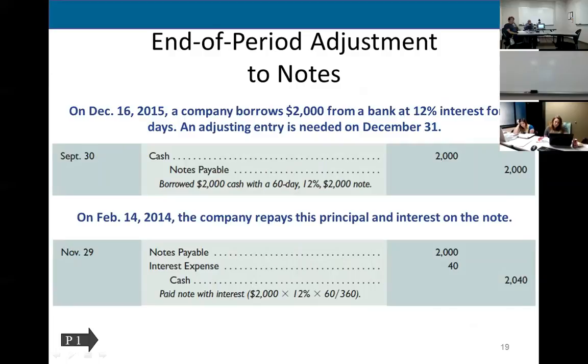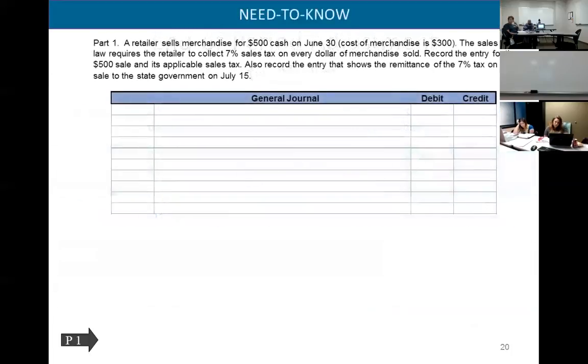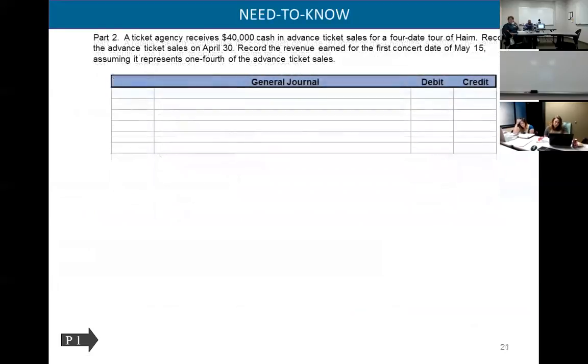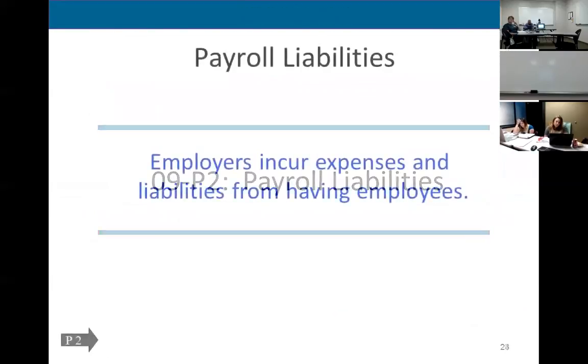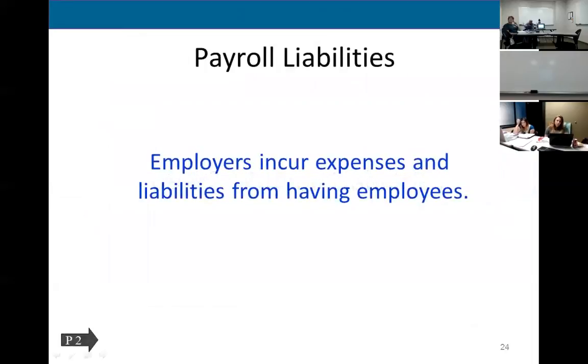In the example, cash, though, we're going to credit $2,040. And again, I see this example of 360 days. We'll look at some problems here later.